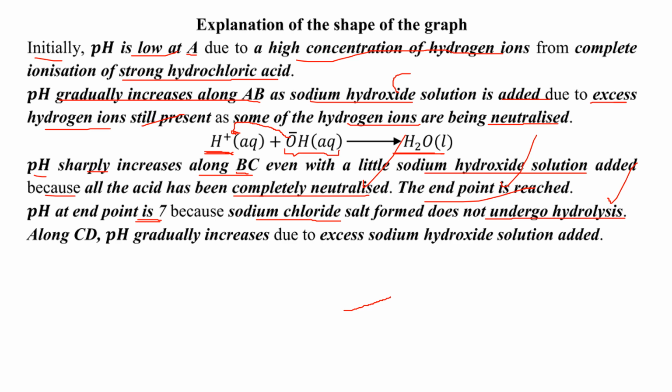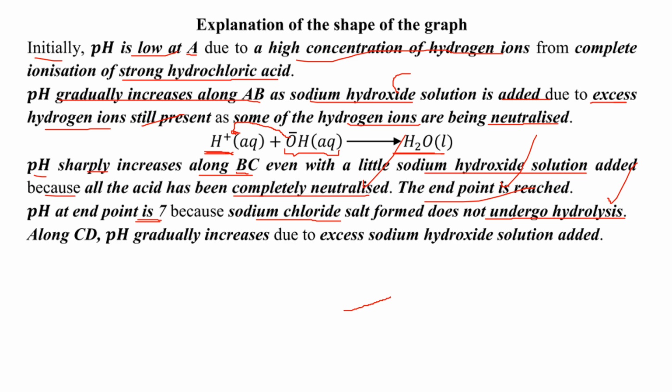So pH at the endpoint, or at the neutralization point, is just 7. And the reason for that, we looked at it when we were explaining salt hydrolysis. We say that salts that are made from strong acids and strong bases do not undergo hydrolysis. And if you have a solution whereby hydrolysis is not taking place, pH is always going to be neutral.